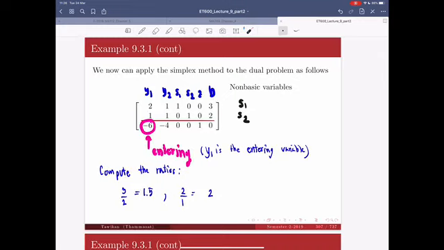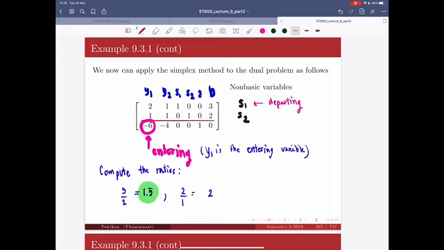So out of the two values, you take the smallest non-negative number between 1.5 and 2. Both of them are positive, but the smallest is 1.5. So we're going to go with that ratio. That means the ratio of 3 over 2, or 1.5, came from the first row, and it implies that your S1 is going to be the departing variable. So I'm going to put a note saying that my S1 will be departing.